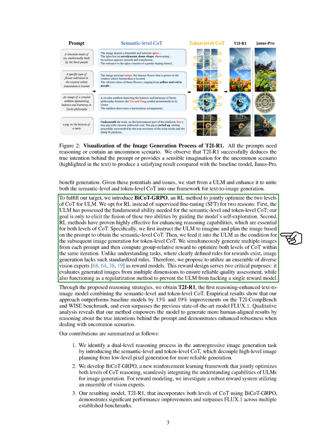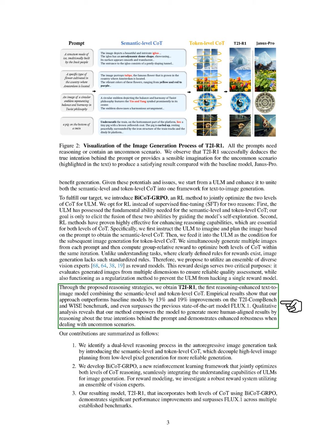Since image generation lacks clear reward rules, we propose using a diverse set of vision experts as reward models. This design allows for a comprehensive evaluation of generated images and helps prevent reliance on a single reward model. Through these strategies, we present T2I-R1, the first model that enhances text-to-image generation by combining both levels of CoT.